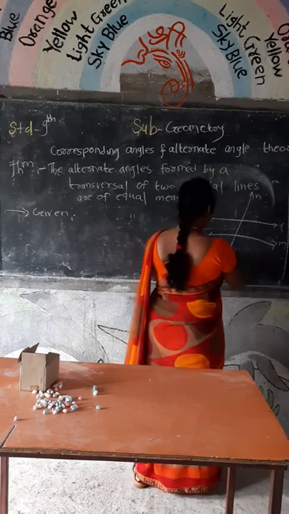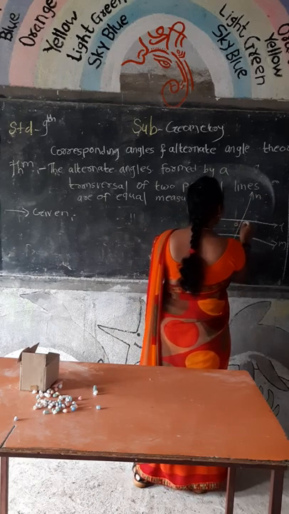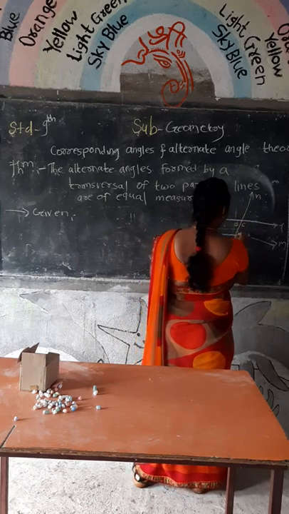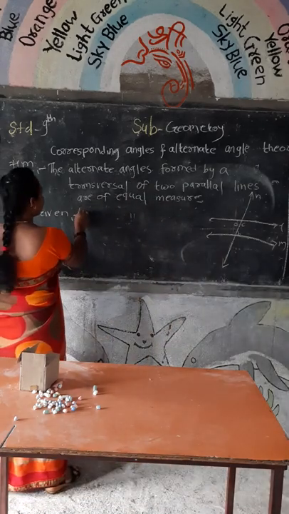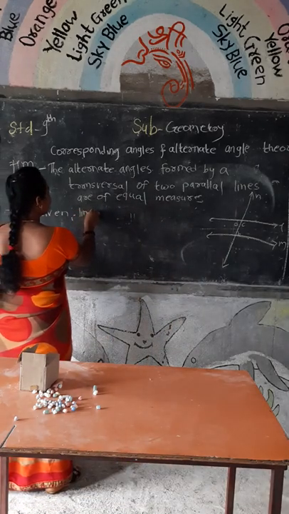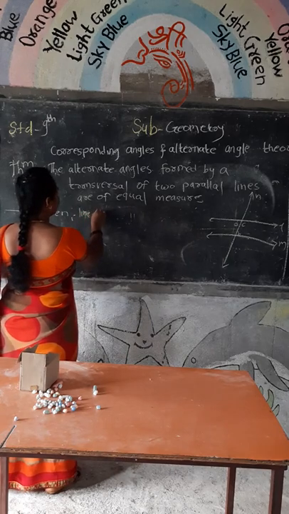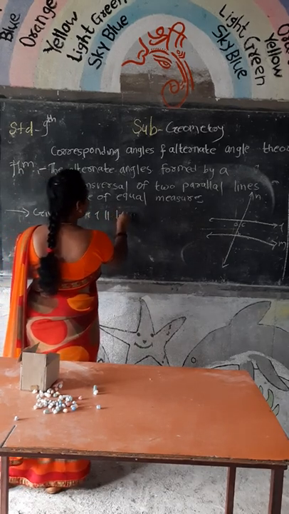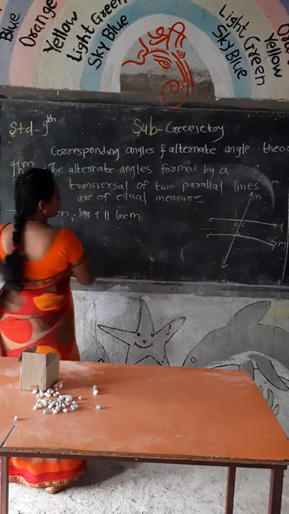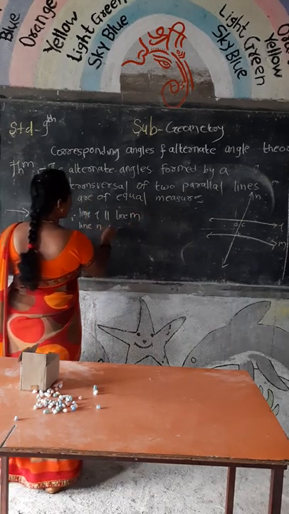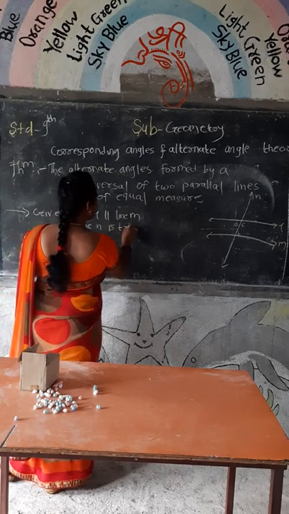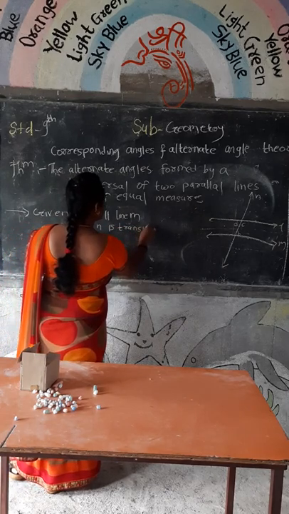The angles formed are angle D, angle C, angle B. We have given that line L is parallel to line M and line N is a transversal.